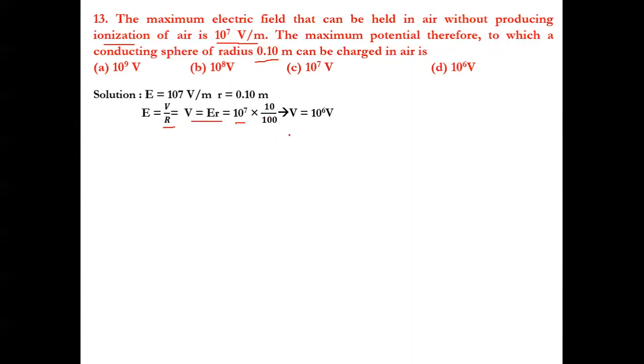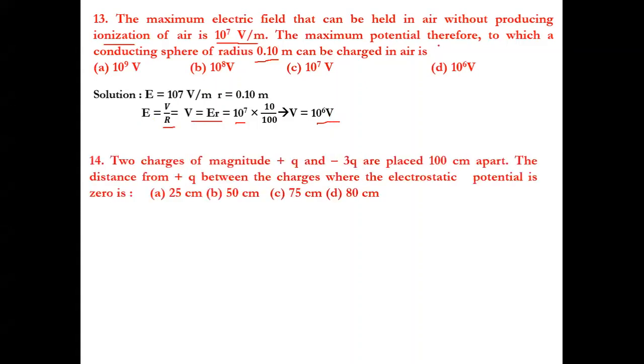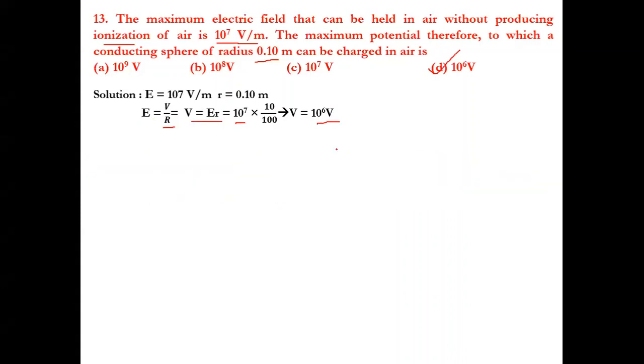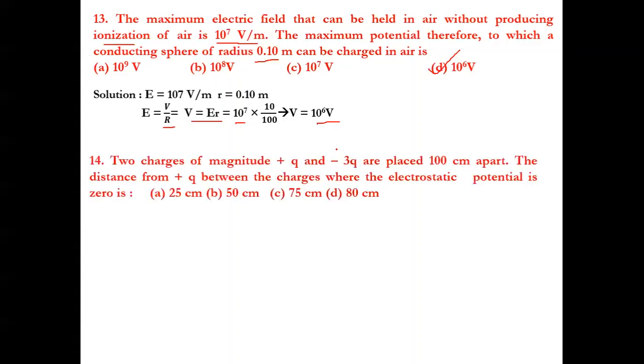Then it is 10 to the power of 6 volts, which is the correct option. So the answer is option D. Note it down, students. We'll move on to the next question.